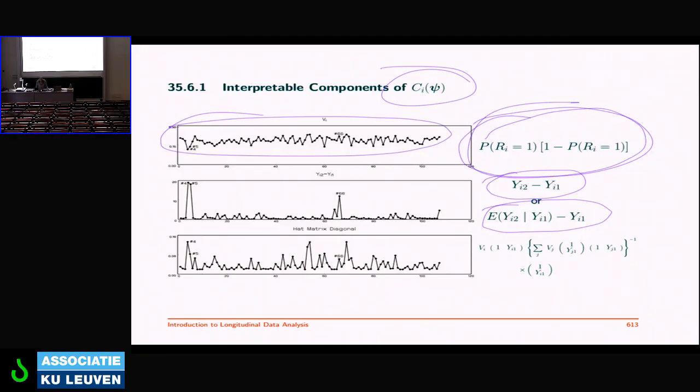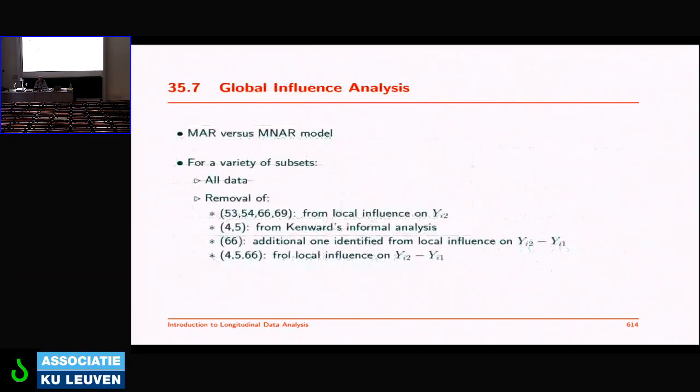But briefly, for an increment, there you see that 4 and 5 and 66 come out indeed. And then there is what we call the equivalent of the hat matrix diagonal that stands out a little bit, but not really very much. So it really is the increment, and not much of the other features in the data contribute to this.